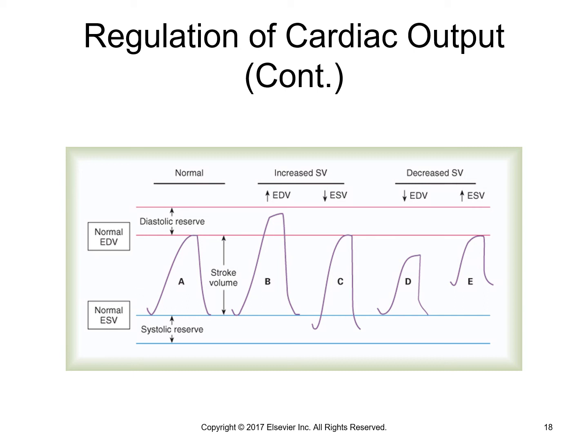D is a decrease in stroke volume resulting from hypovolemia, basically would be an example of D. So you have less volume to work with, so you have a lower stroke volume. And then E is showing a decrease in stroke volume due to an increase in your end systolic volume left over because you have poor contractility. So that's just kind of what that whole diagram is.